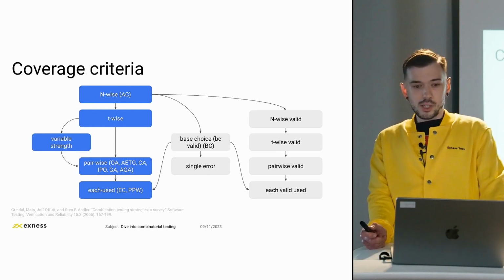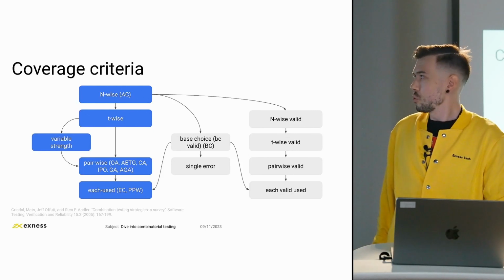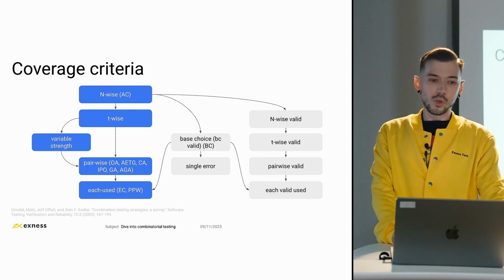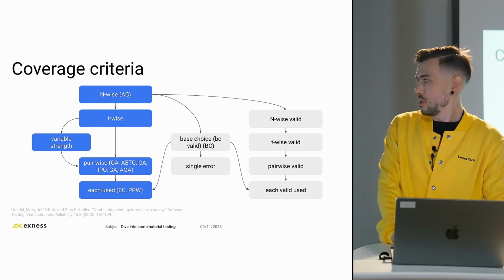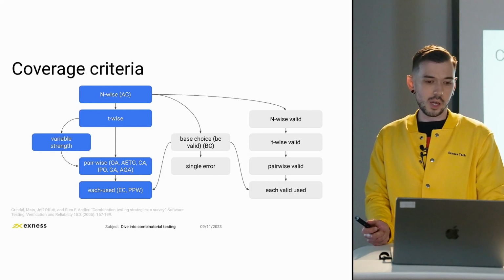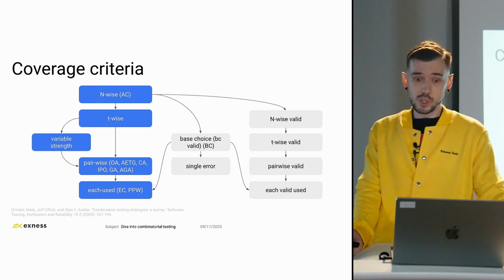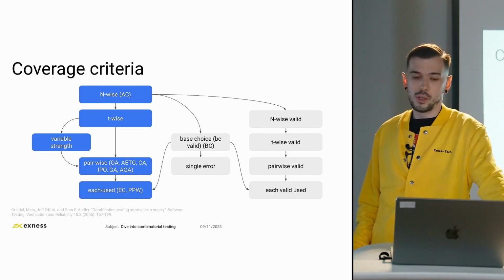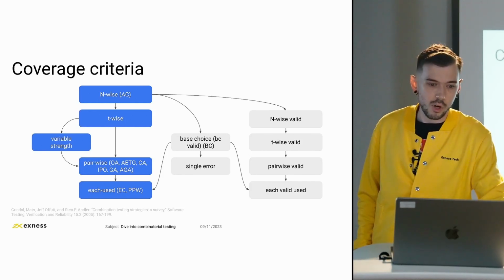And as a last chart of my talk, this is just a cool graph of how different coverage criteria follow each other and how they supersede each other. At the top, you see all combinations, where we have the most possible cases, and going down t-wise, say 2, 3, or more, to, say, partial pairwise.